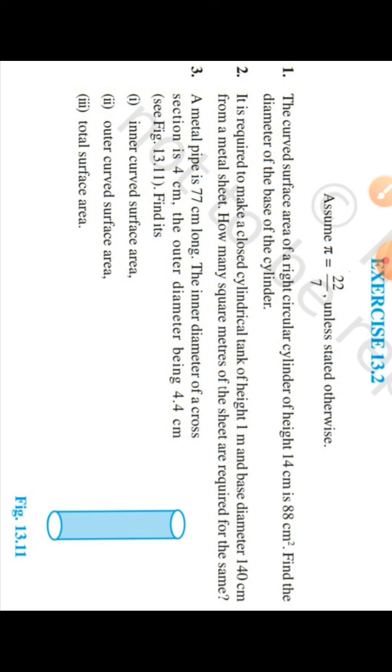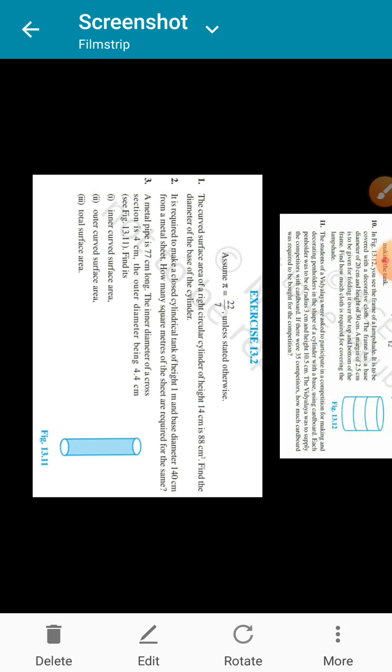So here we will convert first of all the diameter or radius into meter. Then find TSA. Why TSA? Closed word is there. And why did we convert centimeter into meter? Why not meter into centimeter? Because they want the answer in square meter. That's why. Okay, now we go to the solution part.